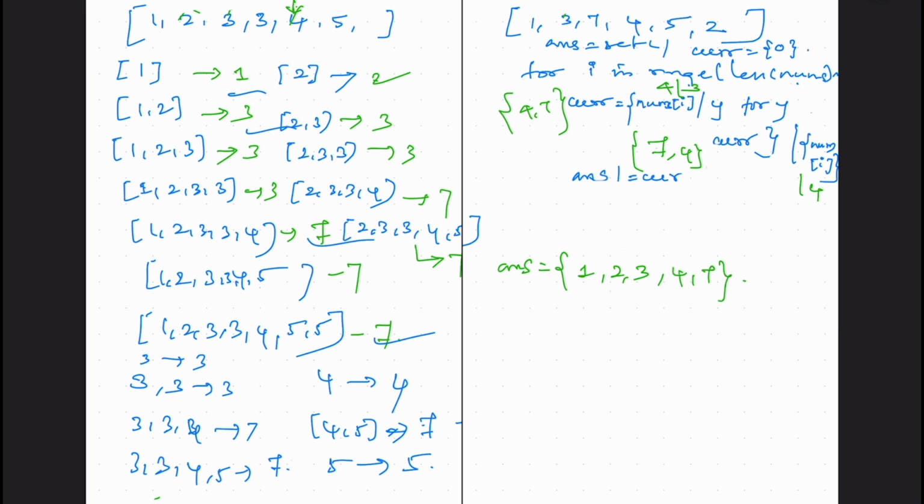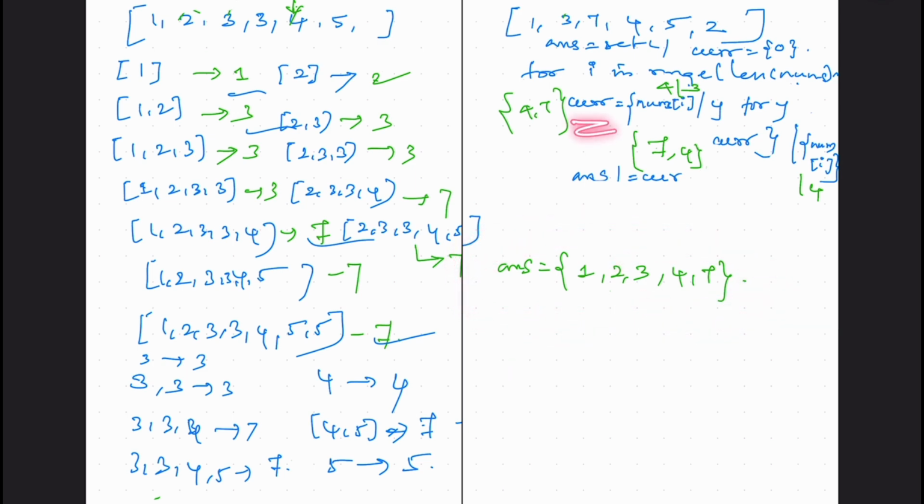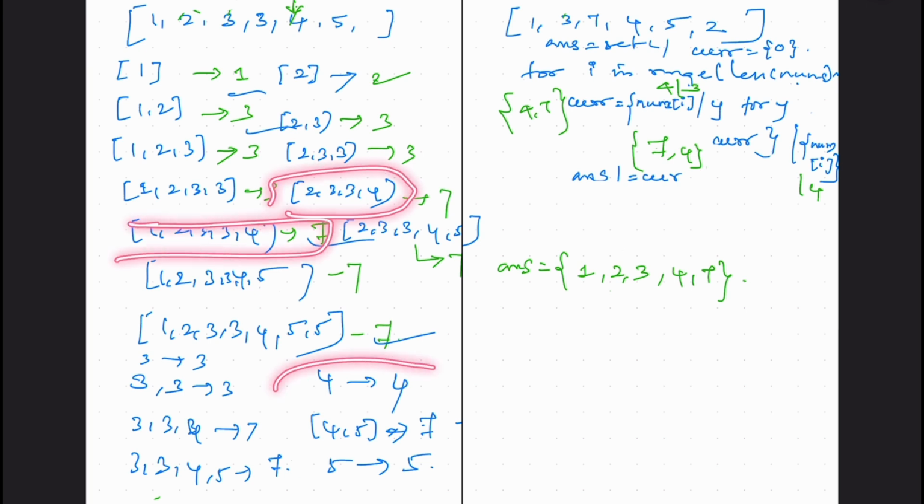So this answer will have all the unique combinations. Current will have, till this subarray, all the unique values we will be getting if you keep on doing OR. So now when the 4 comes, we don't have anything other than 4 7. So now our current will have 4 7.